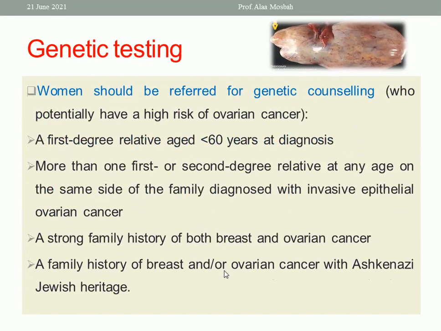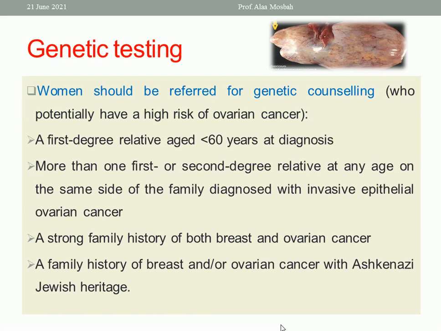Women should be referred to genetic counseling. Yes. Which ones should you ask for genetic testing? And what is the indication? First degree relative, aged less than 60 years at diagnosis. More than one first or second degree relative at any age on the same side of the family diagnosed with invasive epithelial ovarian cancer.